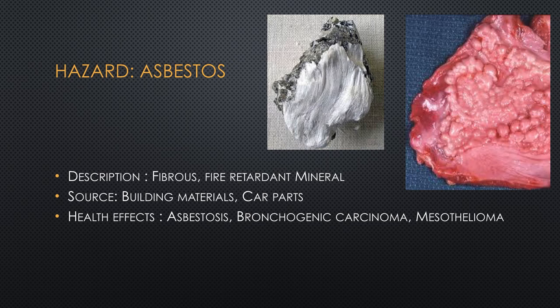Asbestos is most commonly associated with mesothelioma. If you think of TV ads that you've seen, they usually advertise for people that have asbestos exposure. Most commonly, they will use the term, "Have you ever worked in a shipyard?" But asbestos can also cause asbestosis and bronchogenic carcinoma.